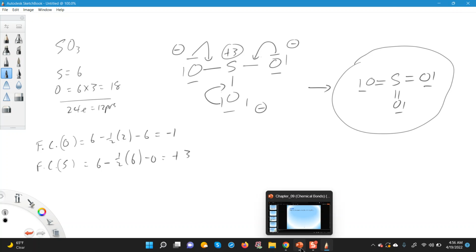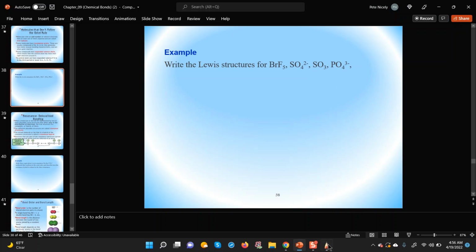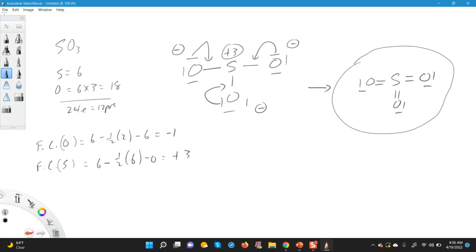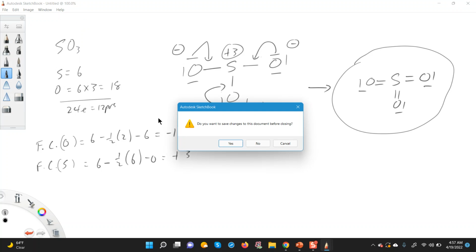Okay, and then let's see here. The phosphate ion. That's the final one in this list of structures that we need to determine. So the phosphate is PO4 3 minus. So again, we do the valence electron count. Phosphorus will contribute 5, oxygen will contribute 6, multiplied by 4, so that's 24.